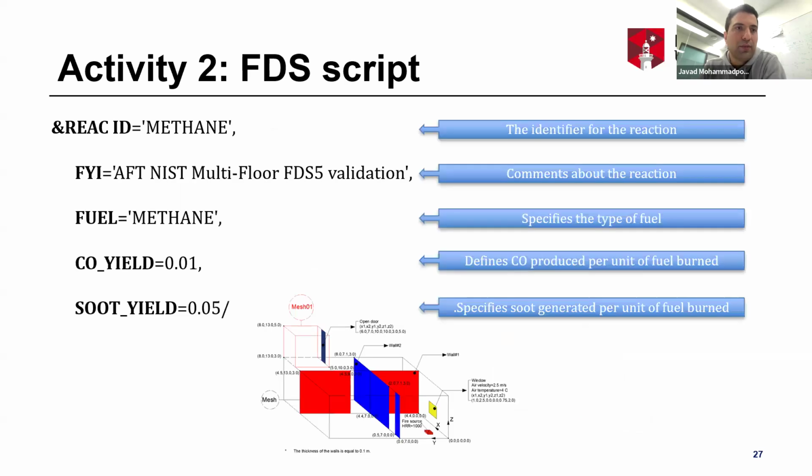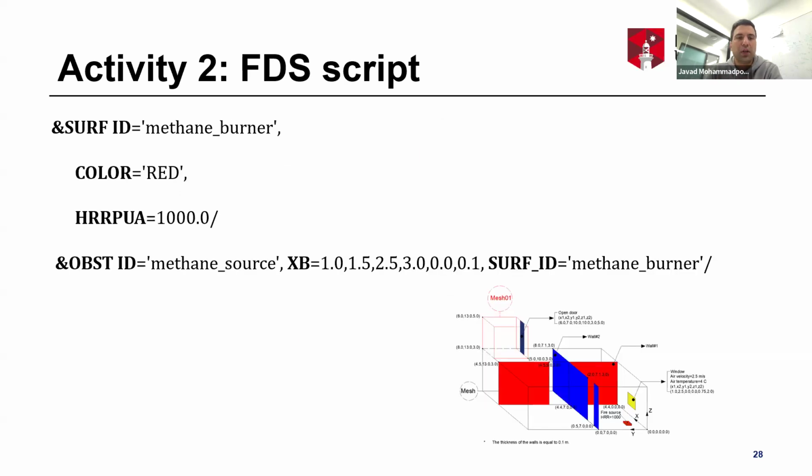After defining the reaction ID and some properties, now it's time to define the surface ID. The surface ID we named methane burner. The color is red, not important. The heat release rate per unit area is 1000. We can define that as an obstacle, so the obstacle ID is methane burner.